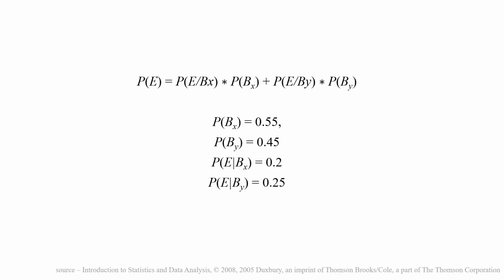Substituting the values for probabilities in the right hand side of the above expression, we arrive at the probability of E as 0.2 multiplied by 0.55 plus 0.25 multiplied by 0.45, which equals 0.2225.